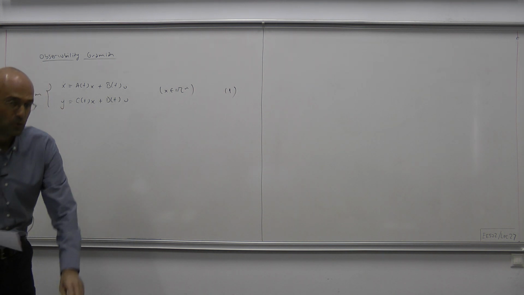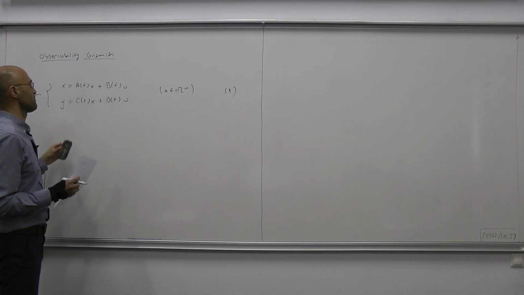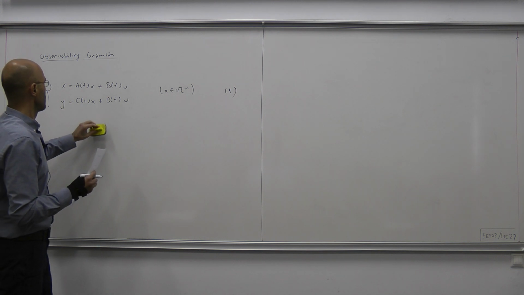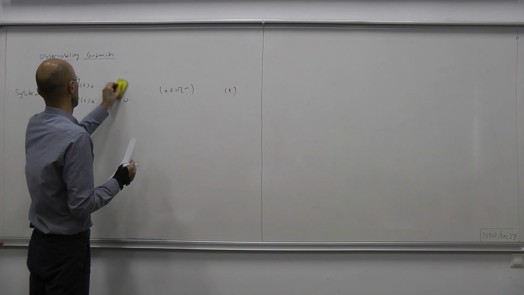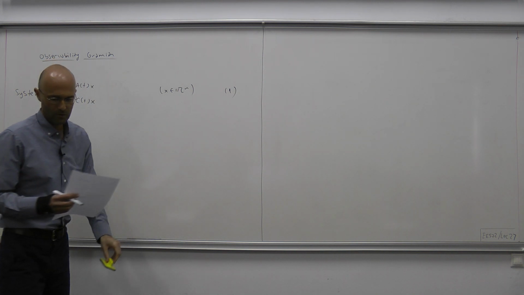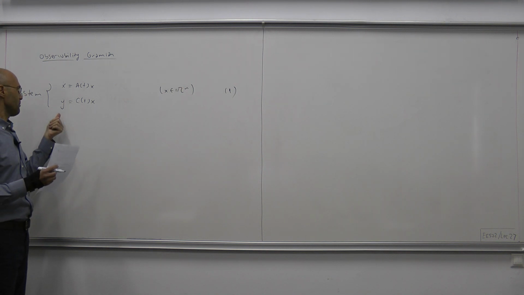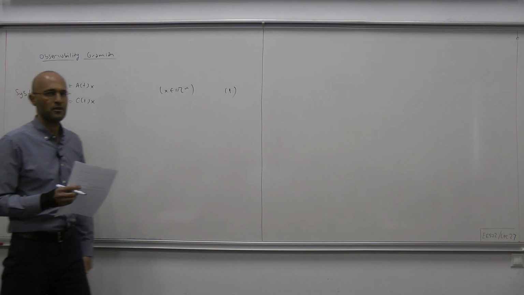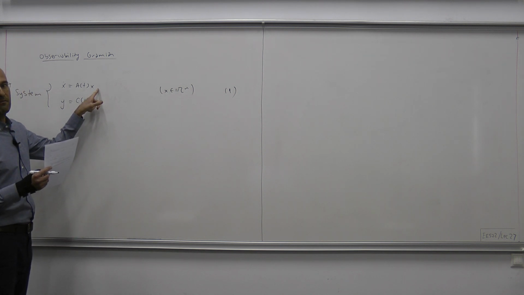Therefore, without loss of generality, the observability of this system can be studied through the observability of the simpler system, where we simply ignore the input terms. Then the question is simply, by just looking at the output y of t, or the measurement, can x of t be determined?